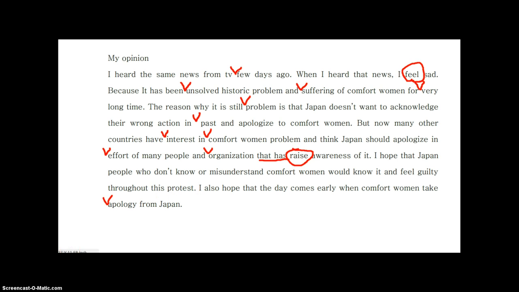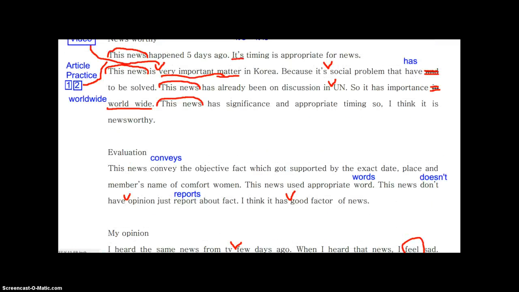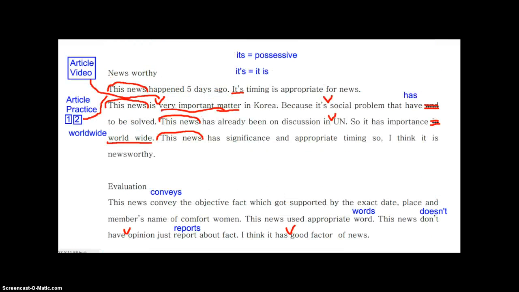Now we're going to go back up to the first paragraph of your paper. And let's see, you have 1, 2, 3, 4 uses of "this news" in the beginning of these sentences. One way to make your paper just a little bit better is to try to vary the word usage a little bit.